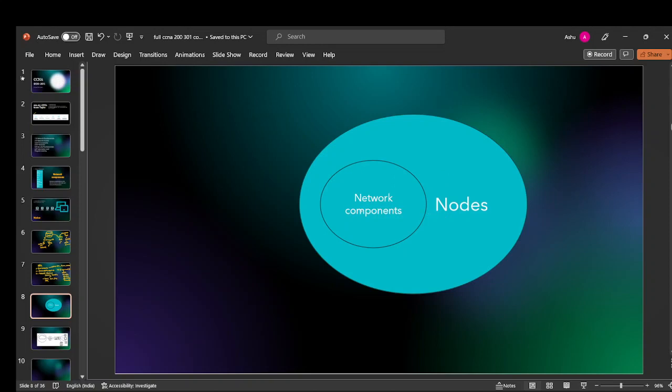Some nodes are network components, but all network components are defined as nodes. Clear? This is a clear understanding. All nodes cannot be justified with network components, because here something is remaining. Clear?